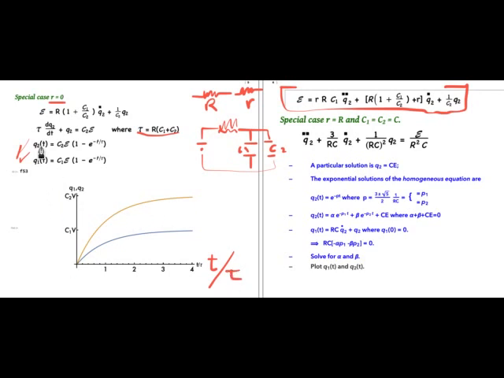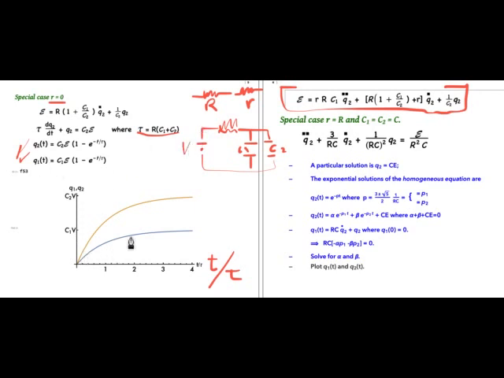Then I see Q1, I guess that's the blue one, starts at 0. 1 minus e to the 0 is 0. So Q1 starts at 0, and then it rises and levels off at C1 E, or C1 times the voltage of the battery. The battery has some voltage V.